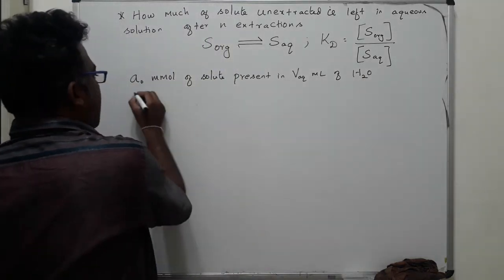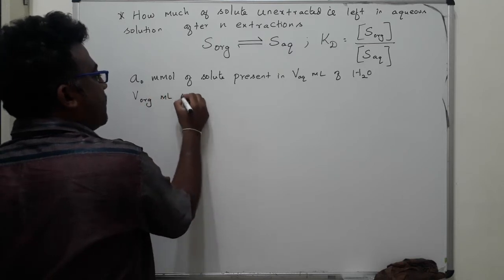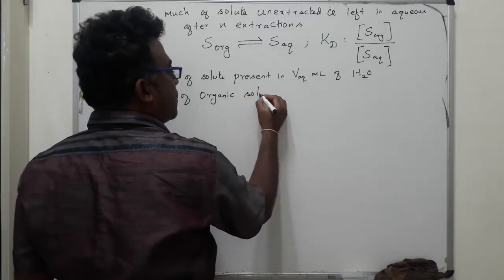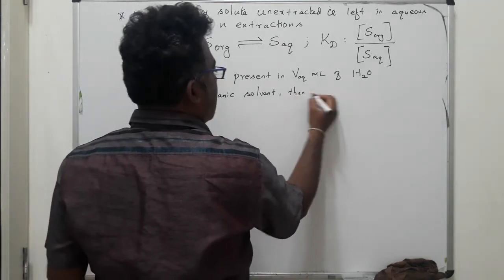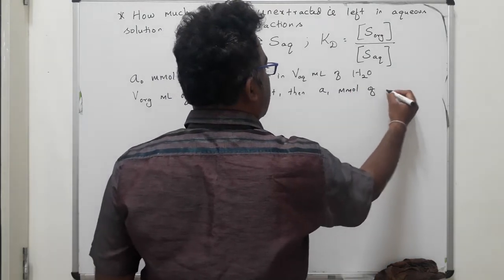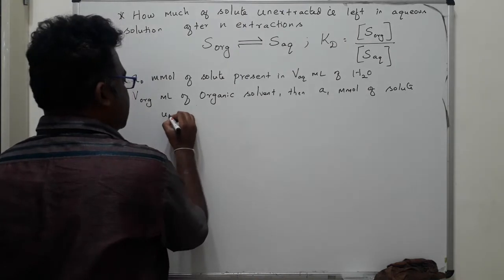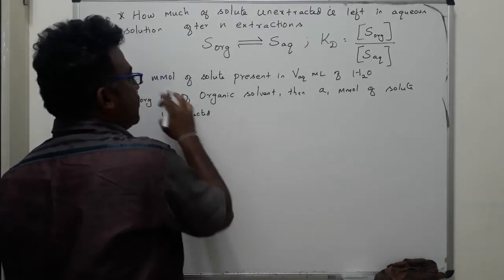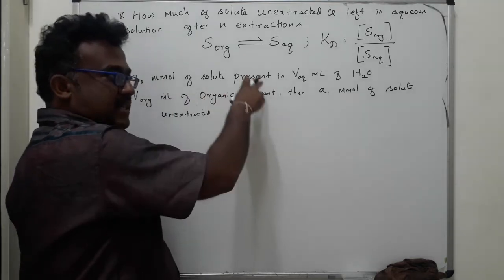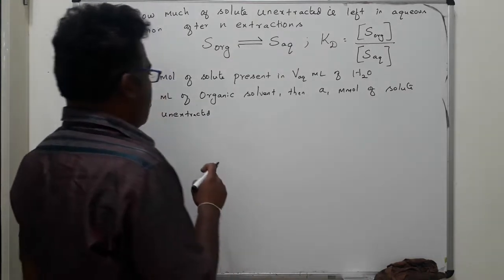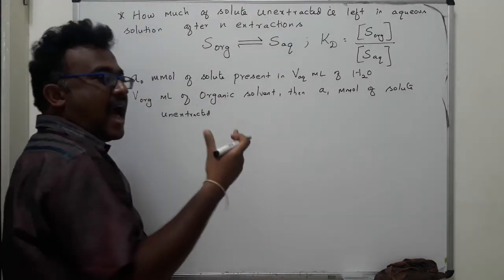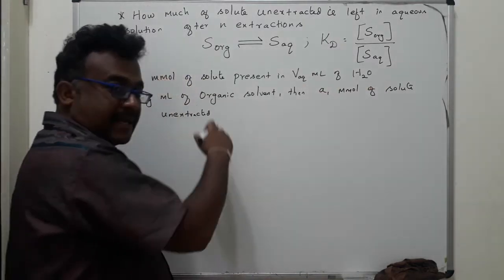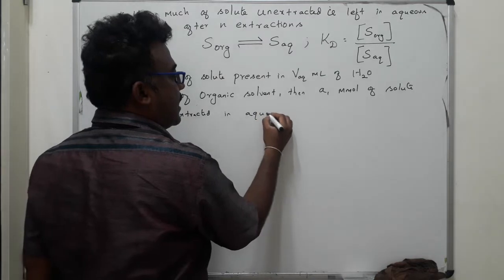When you add V ml of organic solvent, then A1 millimole of solute is unextracted. Starting with A0 millimole of solute present in V ml of water, you add V ml of organic solvent, shake, and once you extract, the remaining left, that is A1 millimole of solute, is present unextracted in the aqueous layer.